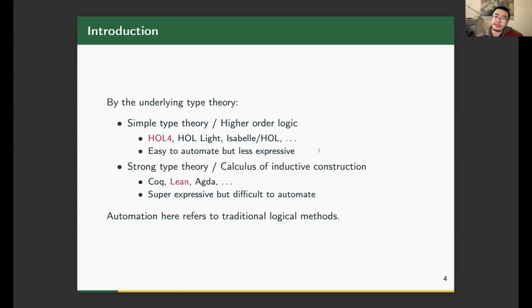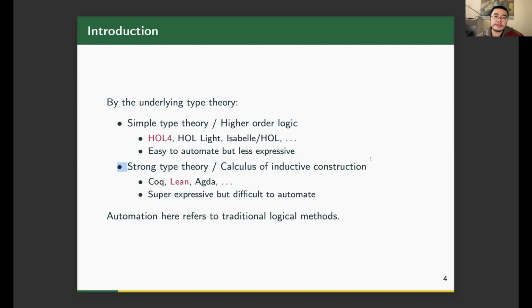They cannot really express algebraic structures very elegantly. For example, you cannot really say, I want a vector of certain length. That cannot be a particular type because it depends on the length of the vector.